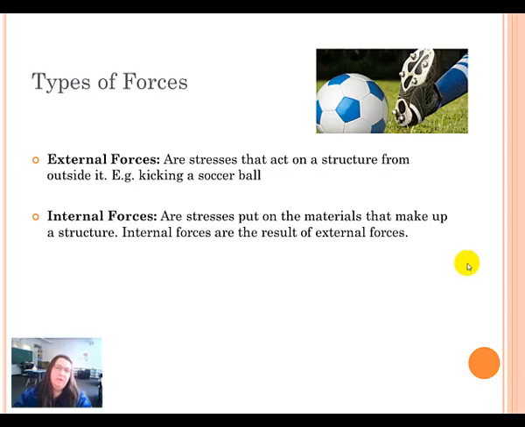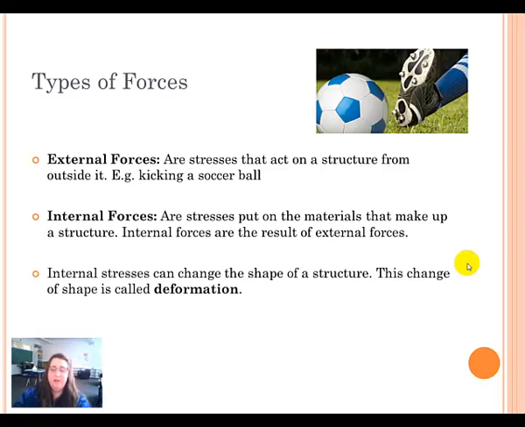So some external forces that act on objects are things like gravity, or people walking across something, or people kicking something. The internal forces in an object are those forces that keep it looking and acting the way it should, based on those external forces that are acting on it.